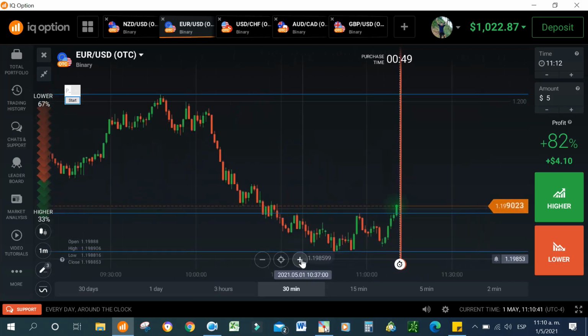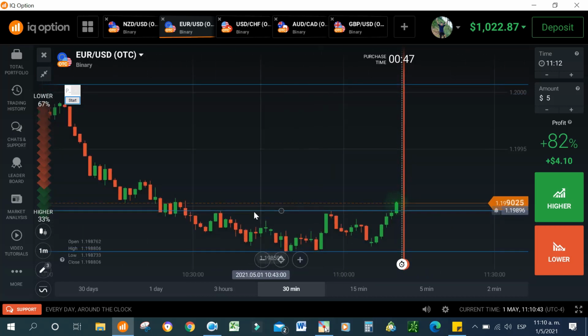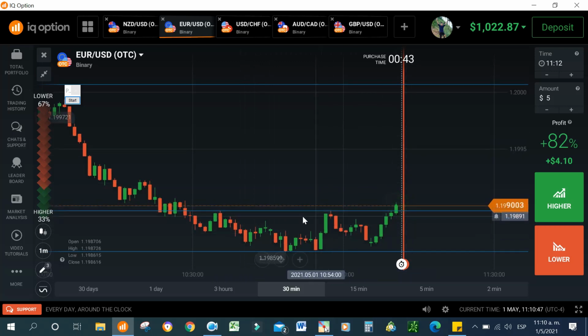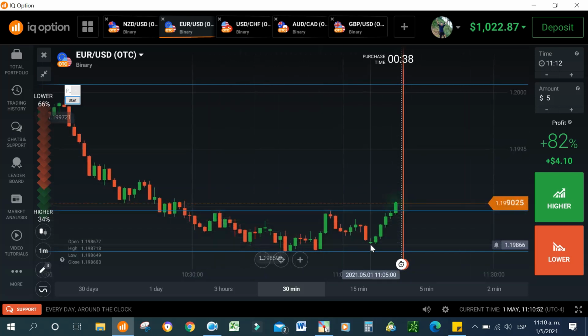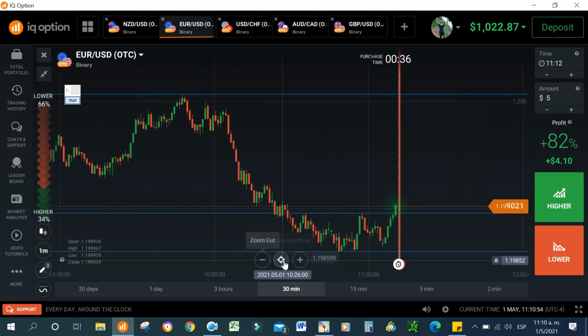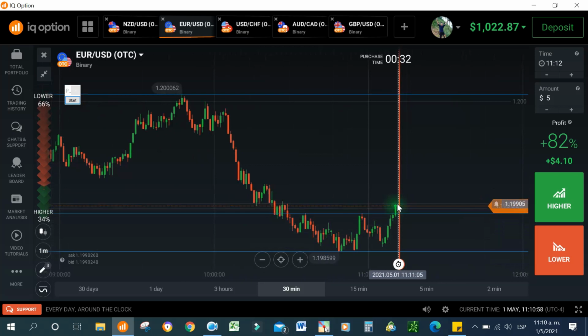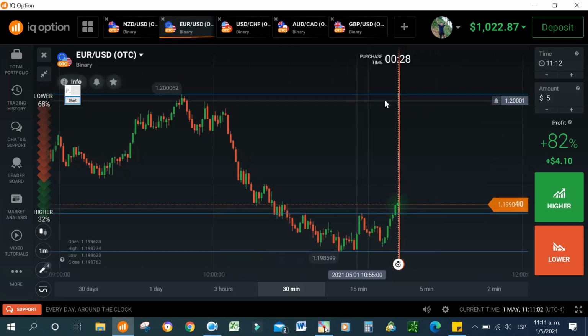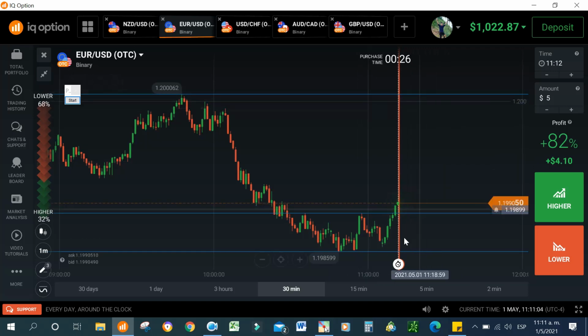So let me check, because here it was taking a long time to make this base. So if it's going to break up, it's very likely to touch this line at the end of this day.